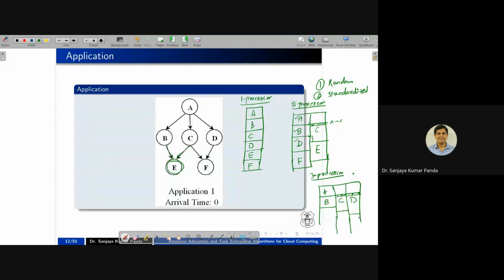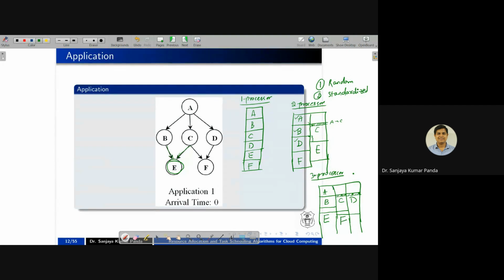So now we have another two tasks, that is E. Where can you start E? You can start E after this particular period of time, because you need to complete both B as well as C. Until B and C are completed, you cannot start E. So I will execute E here, but only after completion of C. Similarly, once C and D are completed, C completed earlier but D completed here, then I can start F in processor number 2 or processor number 3.